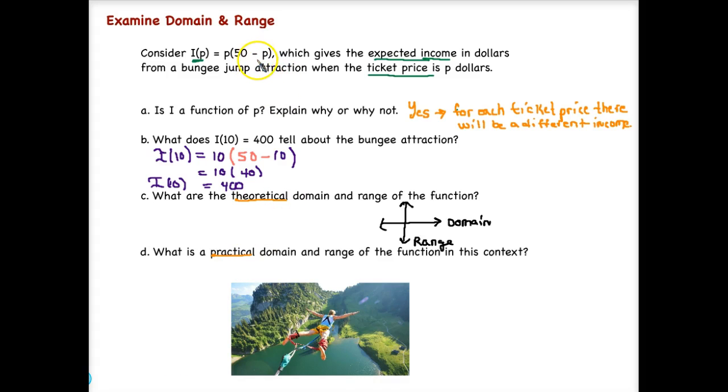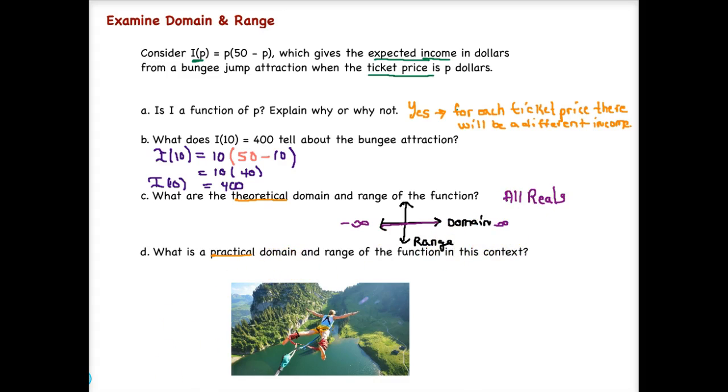What we have to then say to ourselves is, what input can we plug into this domain and still get an output? Well, I could plug any number theoretically in for P, including negative numbers. So I could plug things all the way from negative infinity way out here, all the way to positive infinity way out here, and I would still get an answer mathematically. May not always make sense, but I would say that all real numbers are my domain, and therefore all real numbers will also be the range.